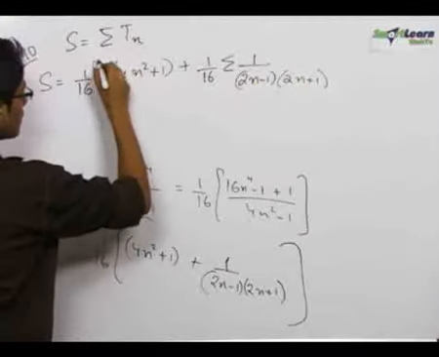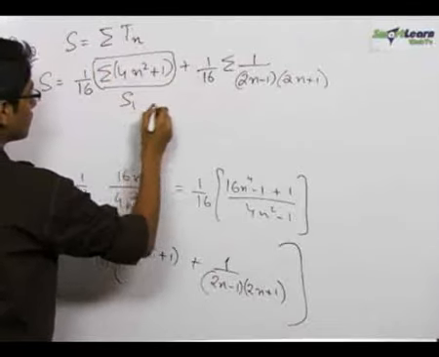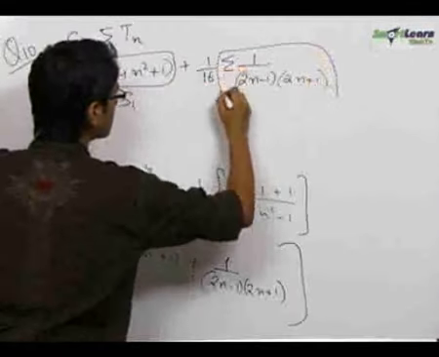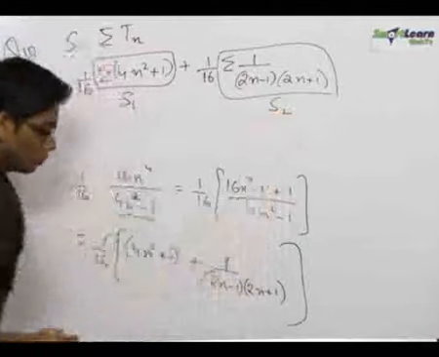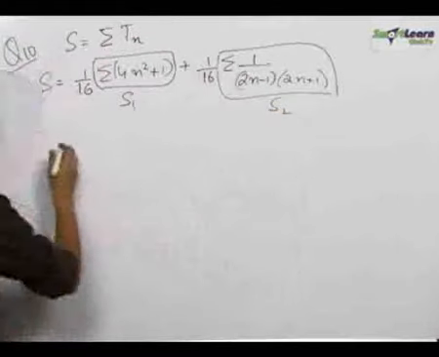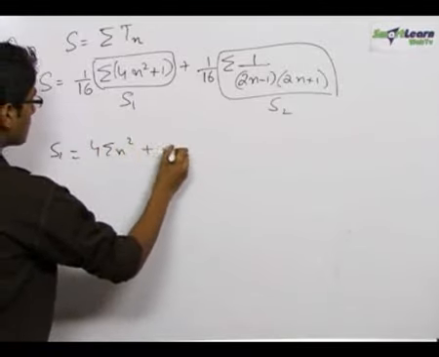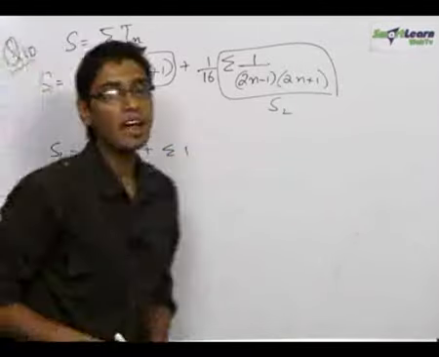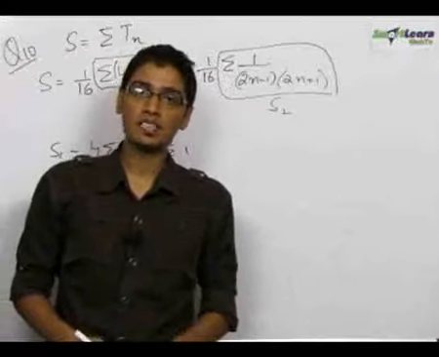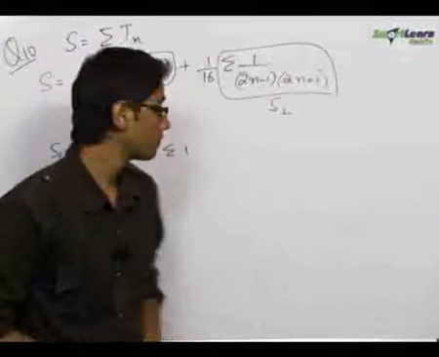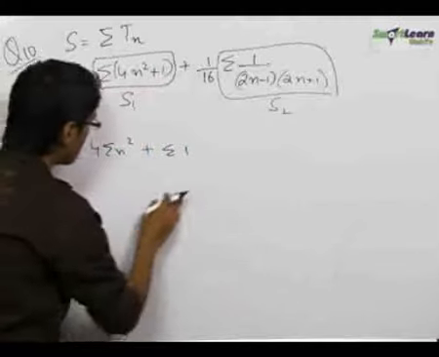Now let us call this as S1 and this as S2. Now S1 is 4 sigma n square plus sigma 1, and we know that sigma n square is n into (n plus 1) into (2n plus 1) by 6, and sigma 1 is clearly n.